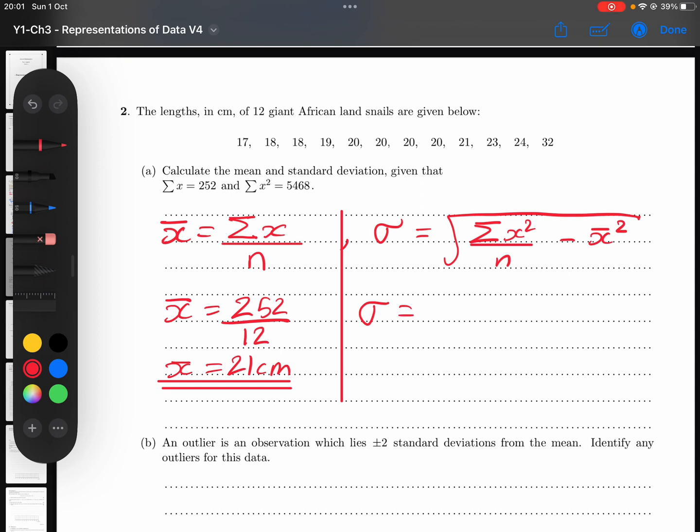The sum of all the values squared, sigma x squared, we are told is 5468. Again, there are 12 data points, and we can now substitute in the mean for 21. And then working out that value, we get sigma equals 3.83 to 3 significant figures.